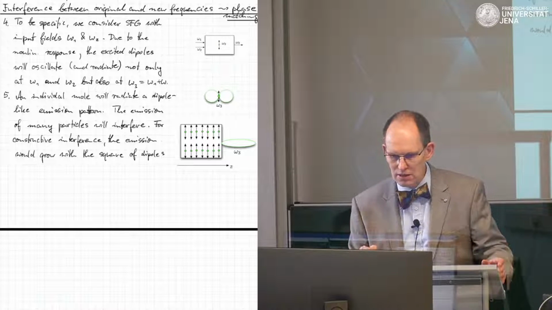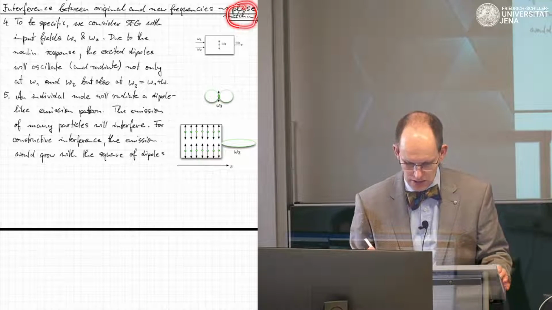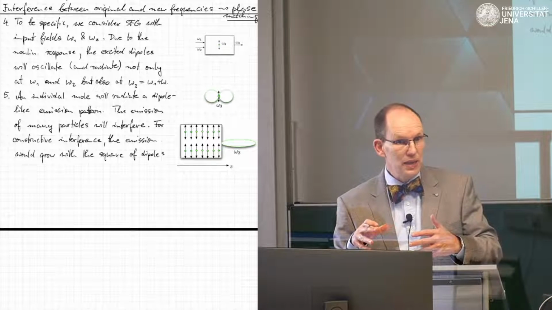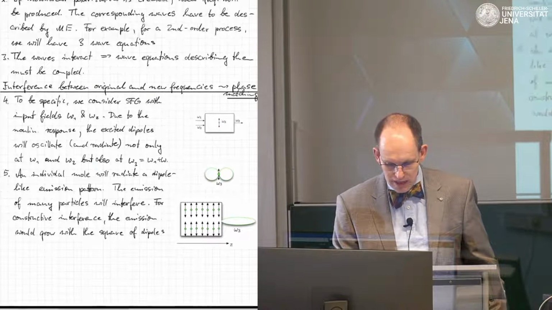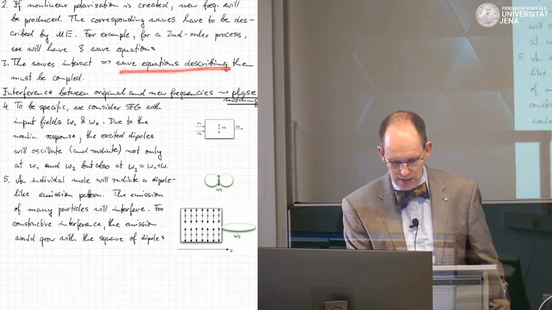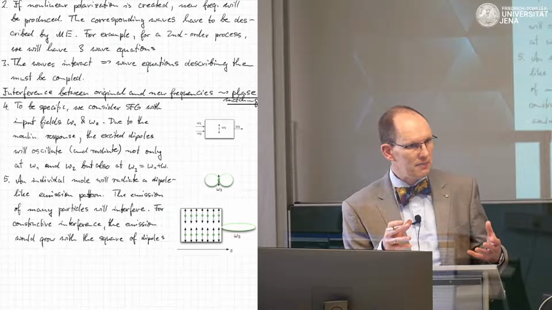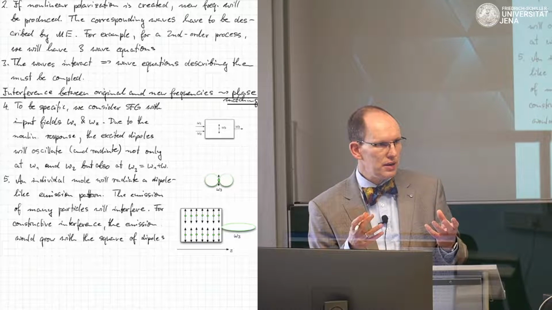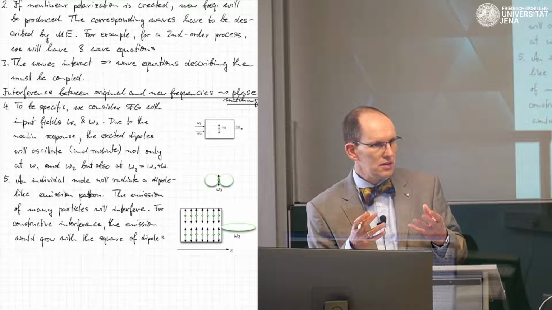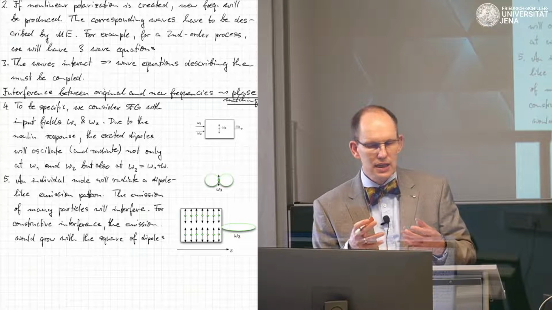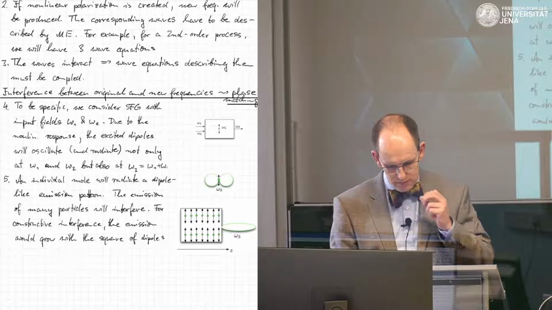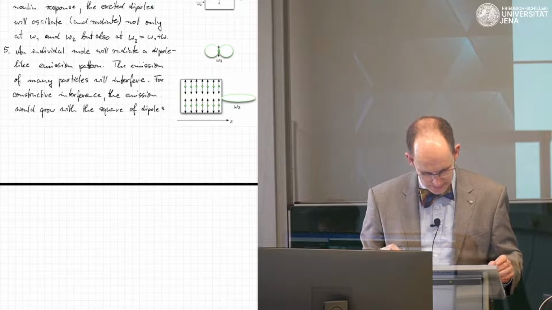Yeah? And this is why it's called phase matching. But we'll come to that. And phase matching needs to be part of these coupled wave equations. So this is another thing that just by thinking about the problem, we can predict. Our coupled wave equations must include phase matching. And they will, of course.